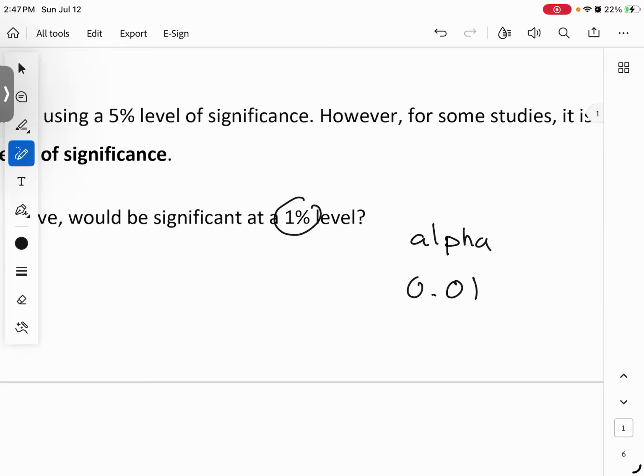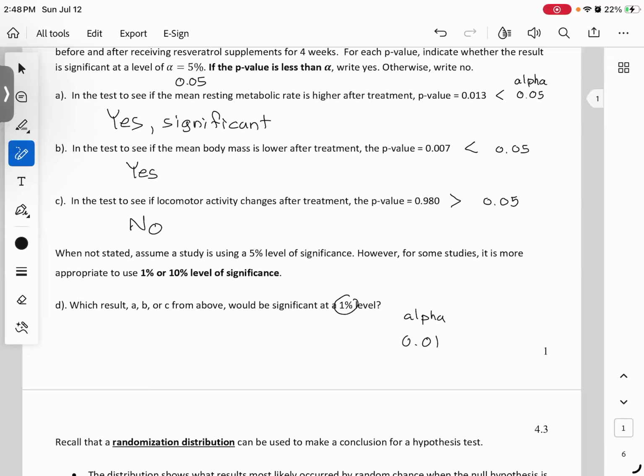And if you look up there at all three of these p-values, mainly what this last one is asking you, which one of those would be significant, or in other words, which of those would also still be smaller than a 1% chance that it was a fluke. So you're just looking for which p-value there is the smallest, or which decimal is the smallest, and it would be that one right there.